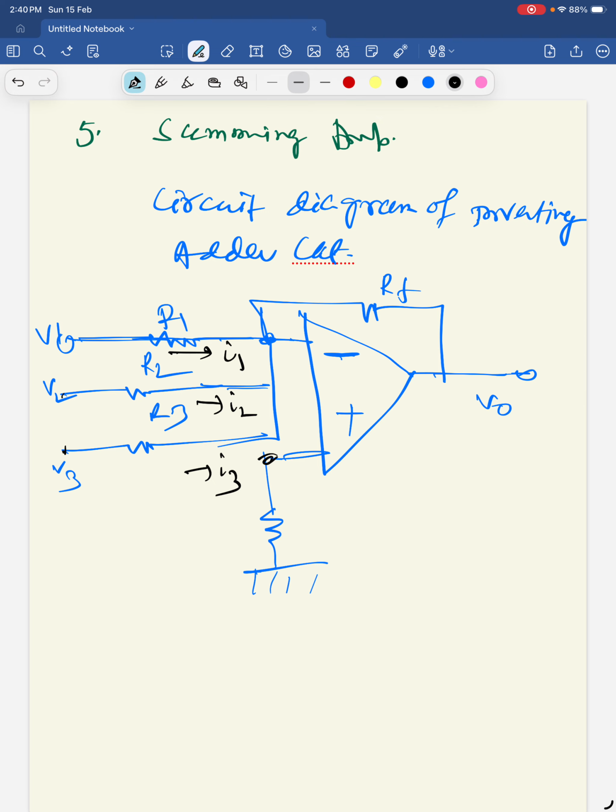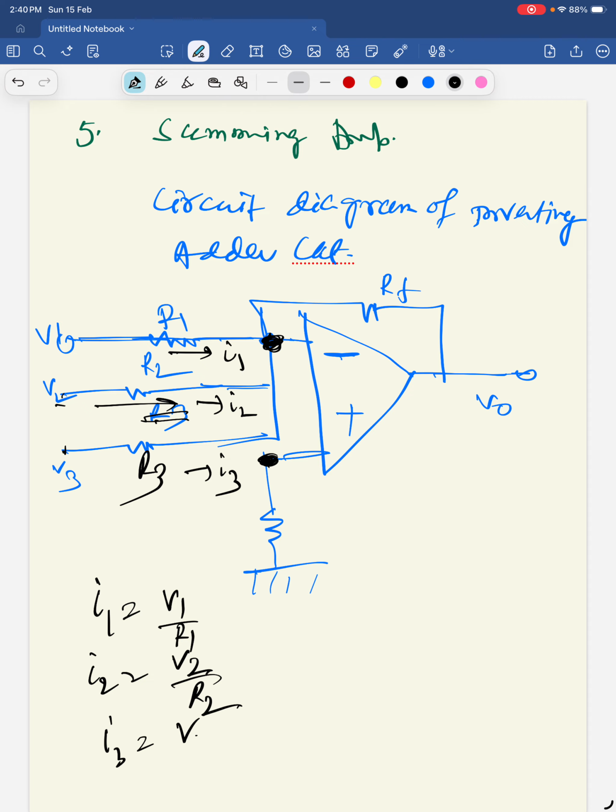Because this point is 0, this is grounded potential, this point also 0 because of the virtual ground concept. So I1 is equal to V1 by R1. Similarly I2, this path I2, so V2 by R2. Because this resistance is R3, so I3 is equal to V3 by R3.